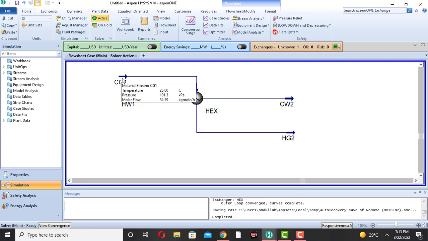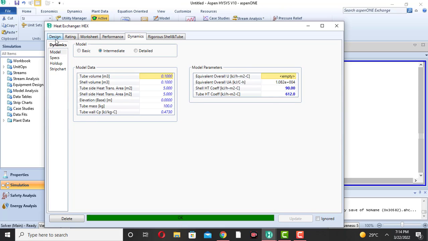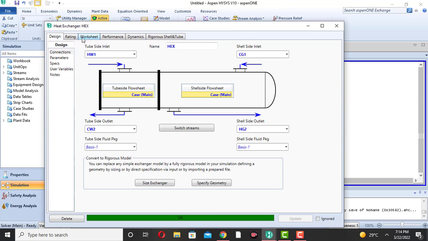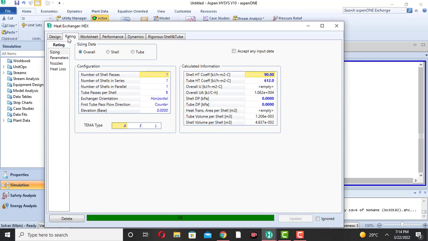We assume the molar flow rate in this case. Now double click on the heat exchanger and come to the design, worksheet and rating.